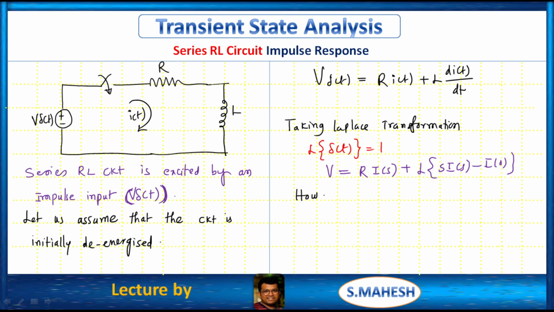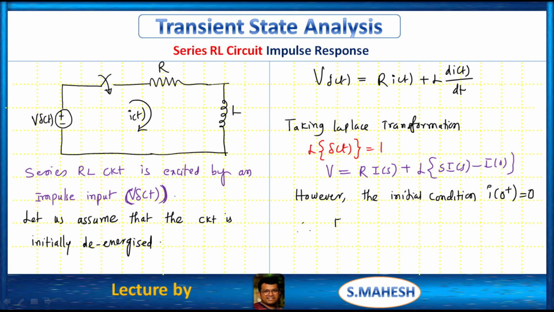Simple. If you know the concept of one response, obviously you will get the different responses easily. However, the initial condition i of 0 plus should equal 0.